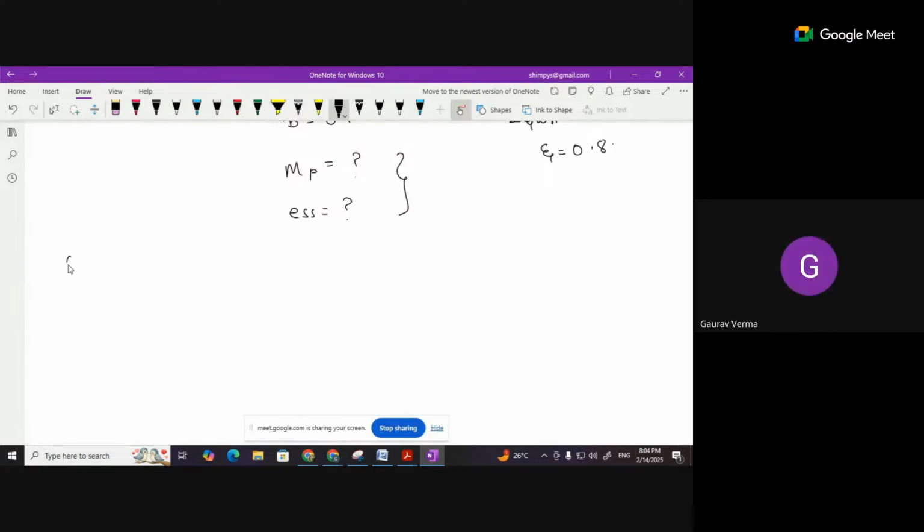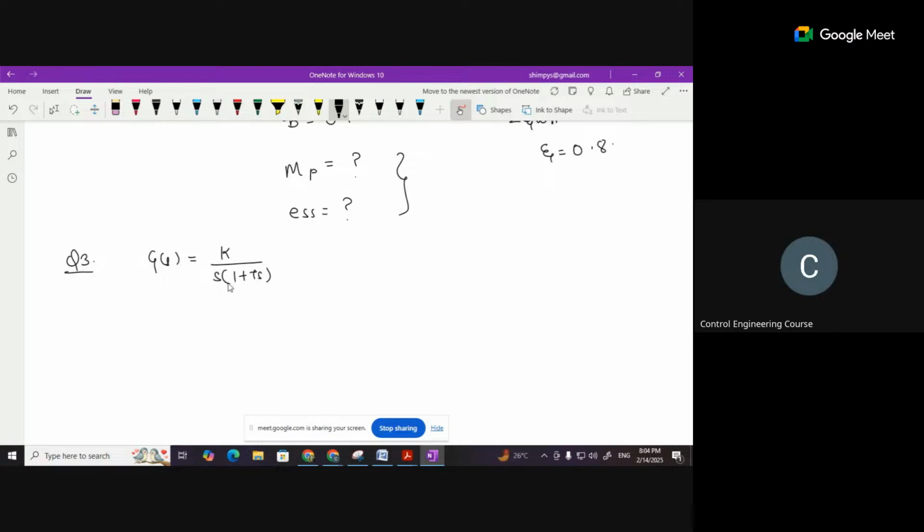Okay. So question number 3. Open loop transfer function with unity feedback system having G(s) as K by s(1 plus Ts) is given, right?